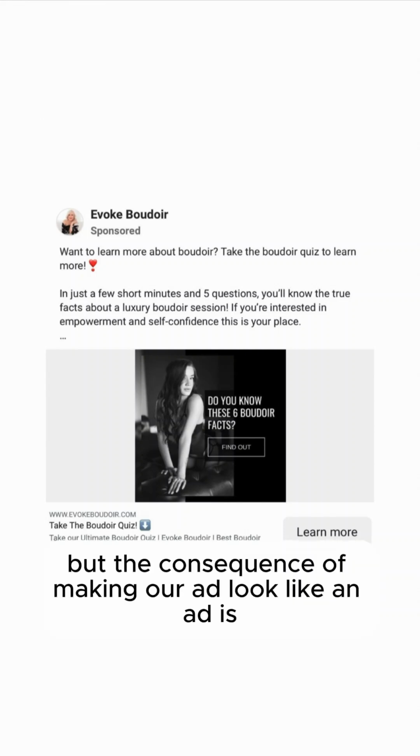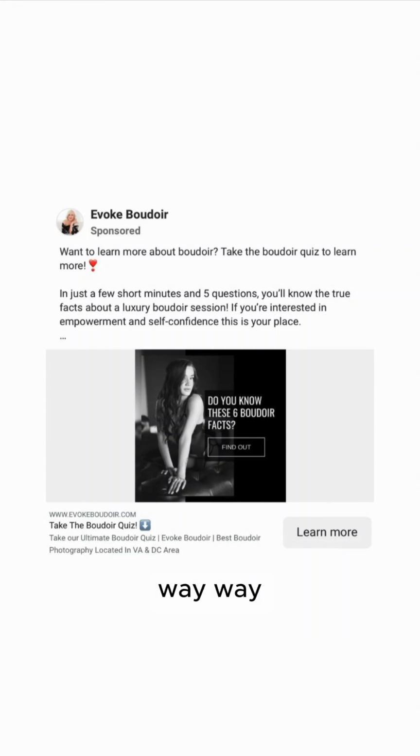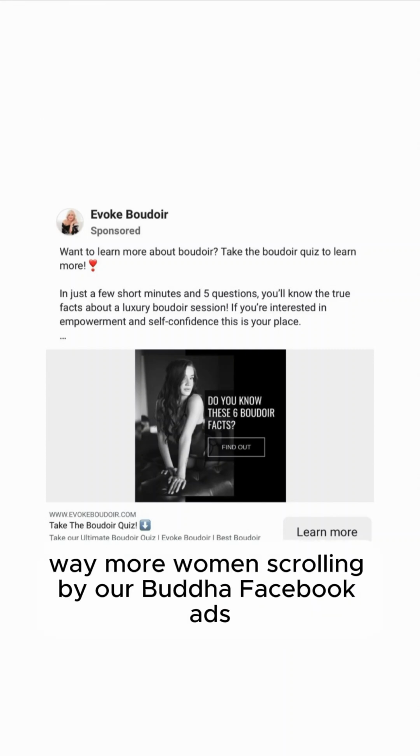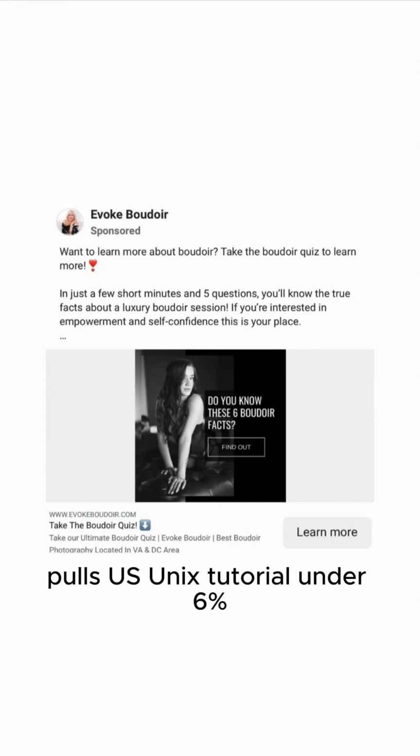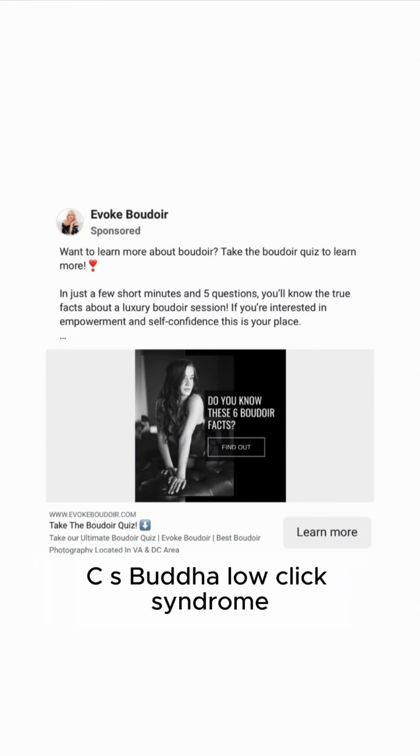But the consequence of making our ad look like an ad is way, way, way more women scrolling by our Boudoir Facebook ads than necessary. And as a result, it pulls our unique CTRL under 6%, and it actually contributes to BLCS, Boudoir low click syndrome.